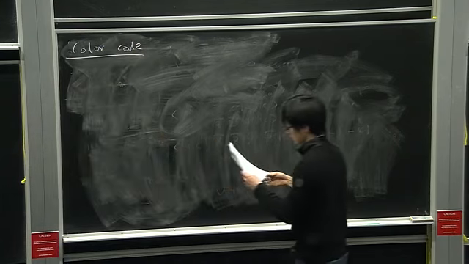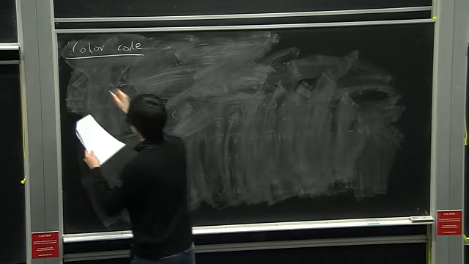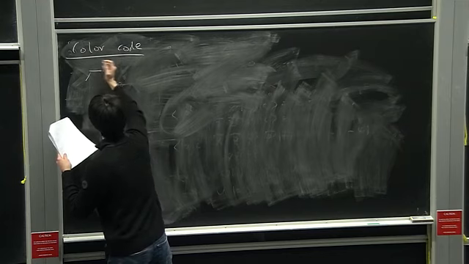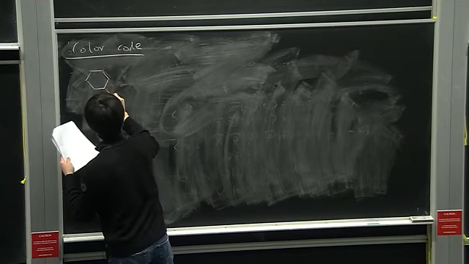So this color code is very similar to the toric code in spirit because, again, it's a stabilizer code with topological order.